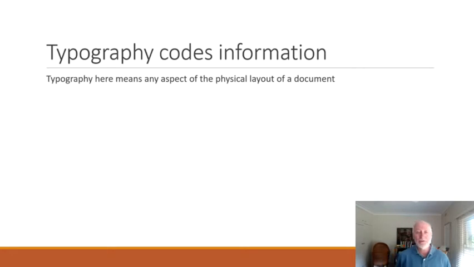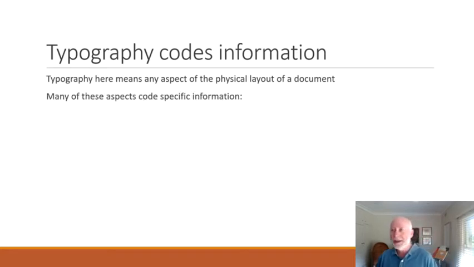When I'm talking about typography here, I'm thinking about any aspect of how information is presented on a written page, where the information is, how bits of information relate to each other, and so forth. And as we know, these kinds of typographical aspects of a document can code specific information.